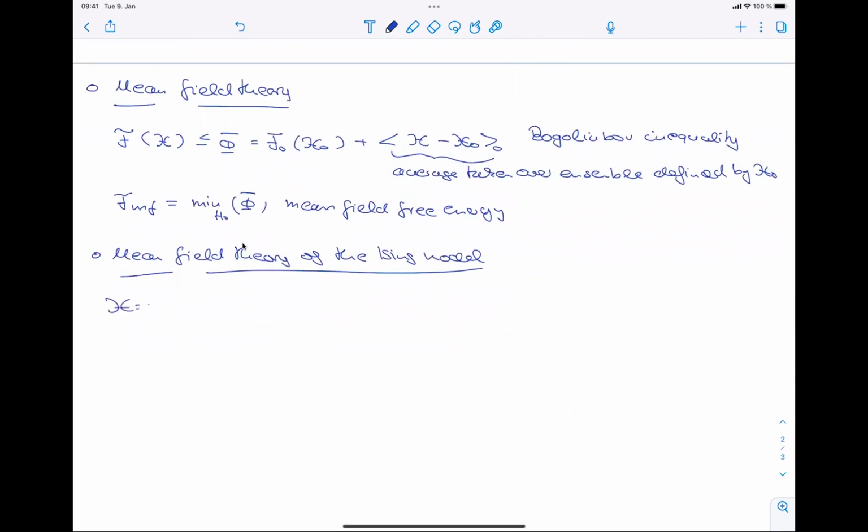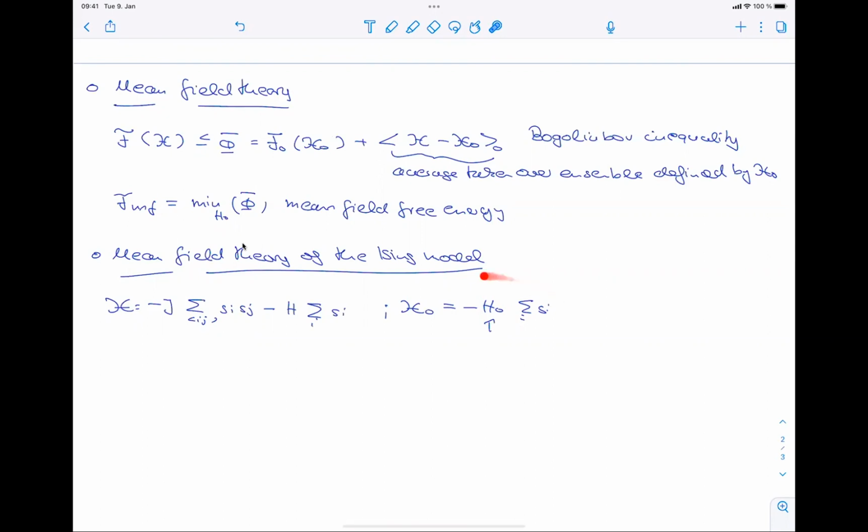Just to recapitulate, we have a Hamiltonian where we have some interaction and an applied field, and then our simpler Hamiltonian is the one without interaction, which is identical to the Hamiltonian for a paramagnet, which consists just of the second term. And here now our H naught has the role of being the parameter with which I'm minimizing my function to find the best estimate of a free energy.